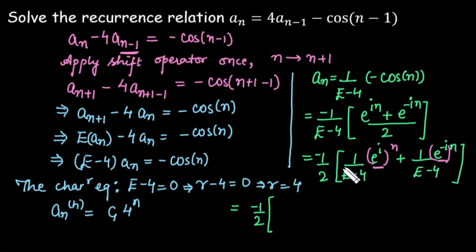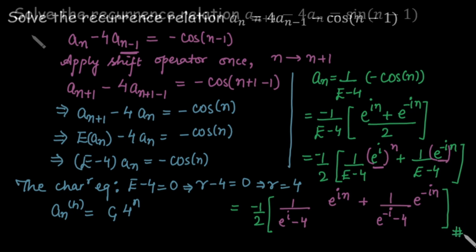So here we will replace E with e raised to power iota in the first term, minus 4, this is as it is, plus here replace E with e raised to power minus iota, and this is as it is.